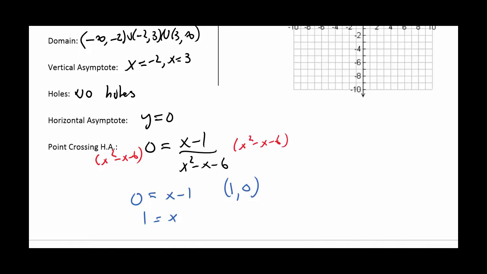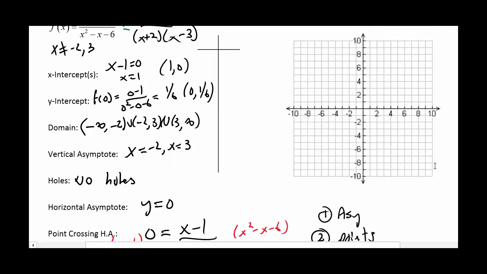Okay, so order of ops. We'll start with our asymptotes. We'll go to any points that we happen to know about. And then if need be, we'll look at our table and see what we get. Alright, so our asymptotes are at negative 2.